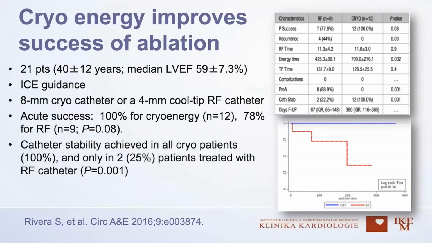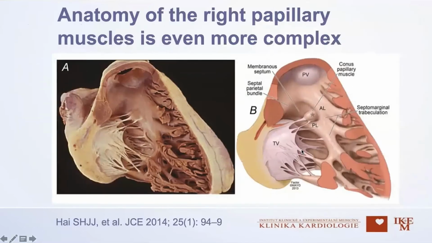And this is another study from another group showing that really cryo is preferable since it provides better stability and better results in long term, as you can see from this graph on the right side, from Kaplan-Meier curve.